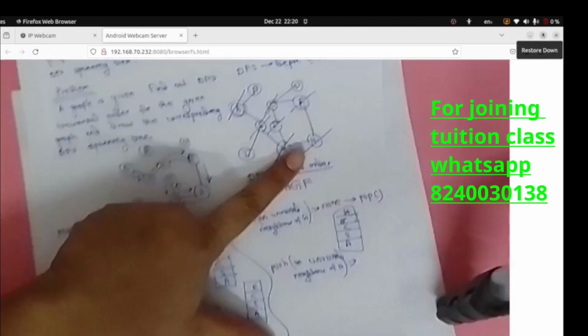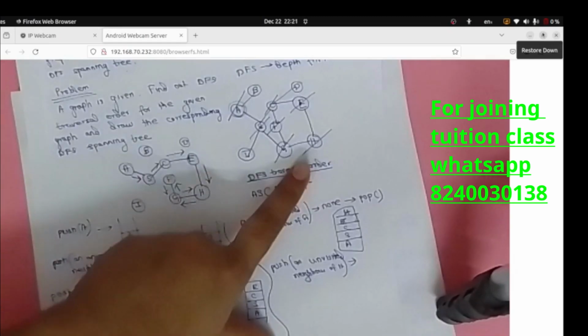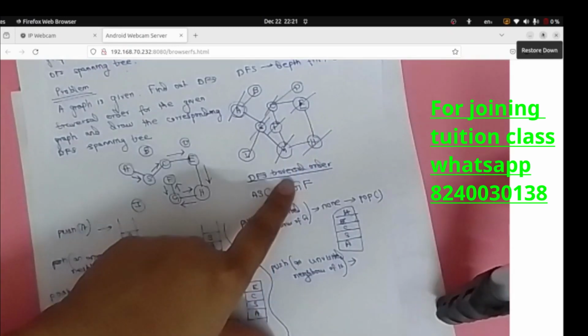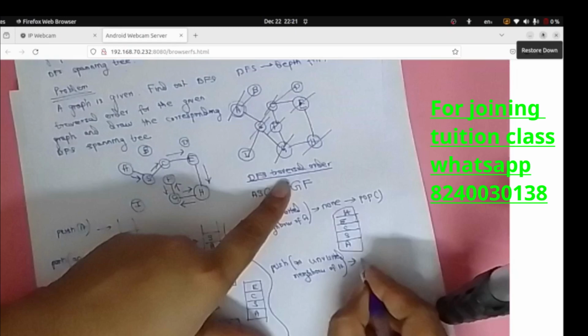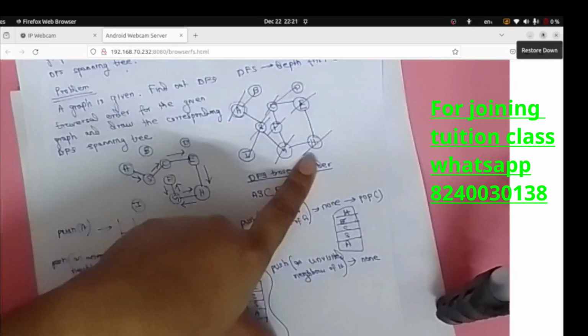Is there any unvisited neighbor of H? No. The neighbors of H are G and P, and both are visited. So no such unvisited neighbor of H, none. So the operation will be pop operation on the stack.